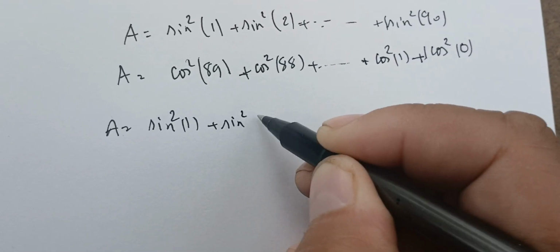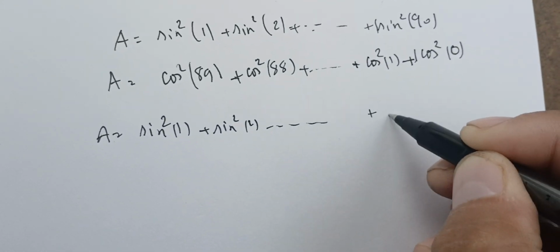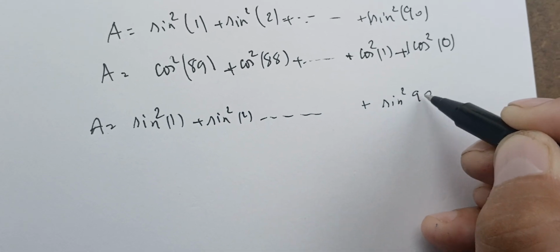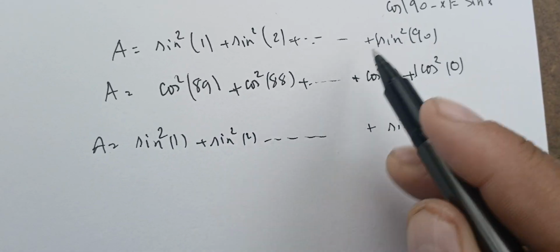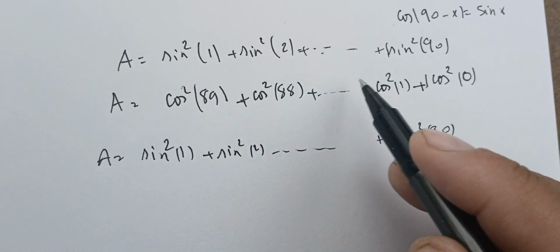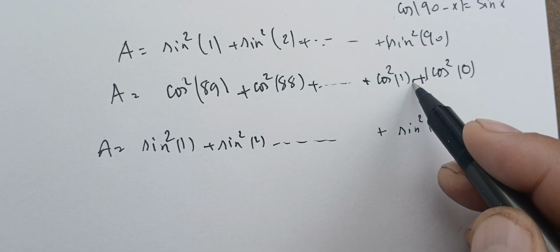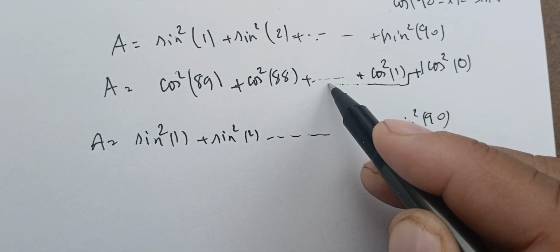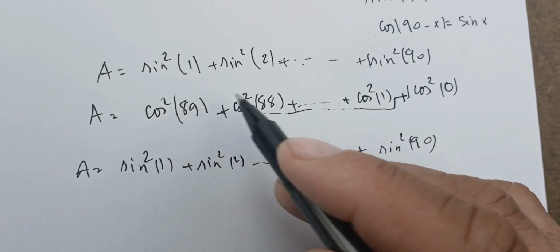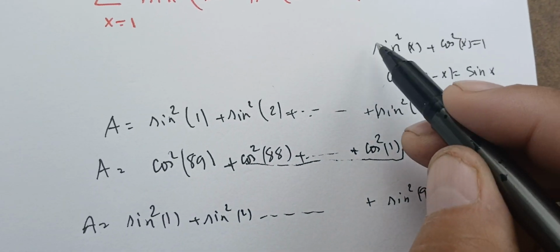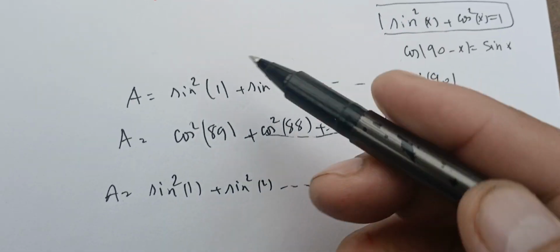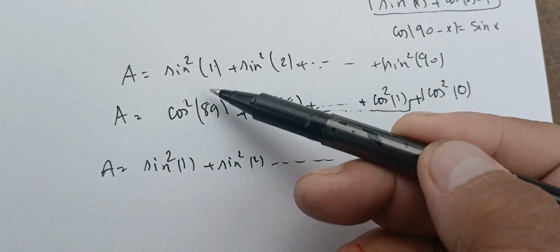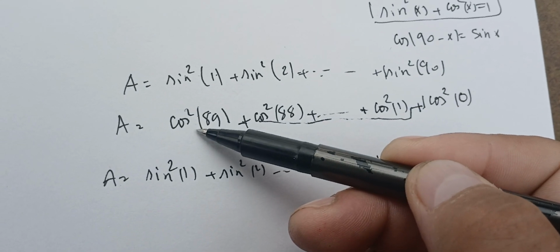So here, sine squared of 2 plus up to sine squared of 90. For the second sum, I'm going to start from the end so I can make use of the matching terms. When I have sine squared of 1, I need to have cosine squared of 1 here.